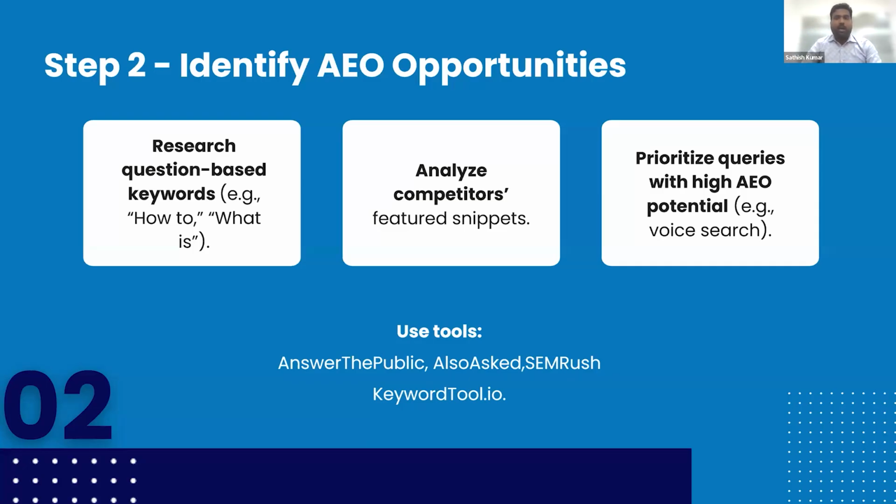And we use SEMrush and keywordtool.io to identify the featured snippets used by your competitors and what kind of deep links they are getting from these AEO tools. So we can use SEMrush and Answer the Public kind of tools to find AEO opportunities for your website.